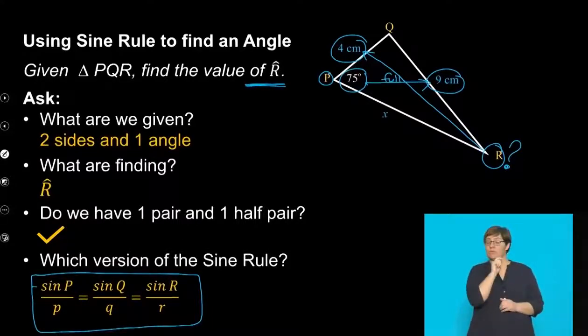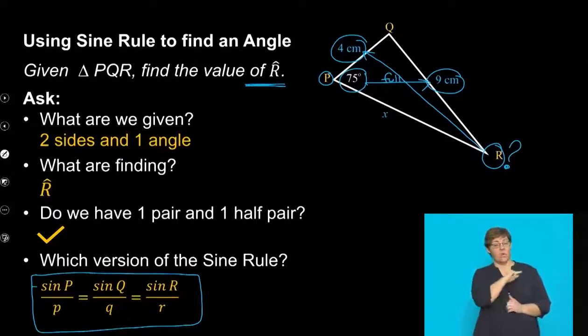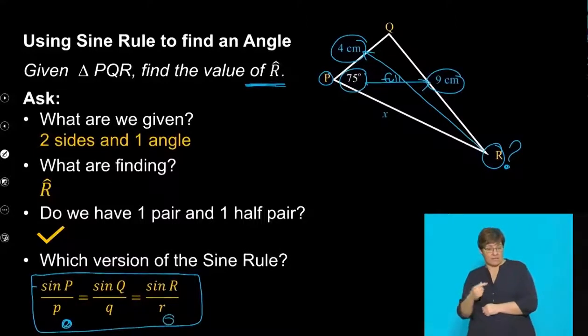So what are we going to use? Because we have the full pair of P, that's the full pair we're going to use, and because we're looking for R, we're going to use that half pair.